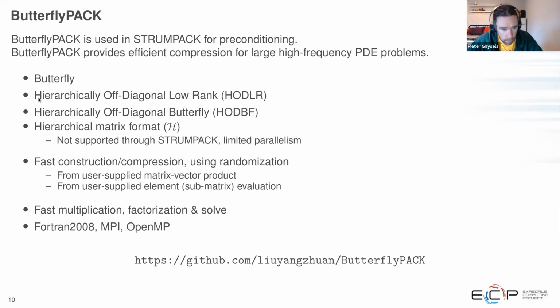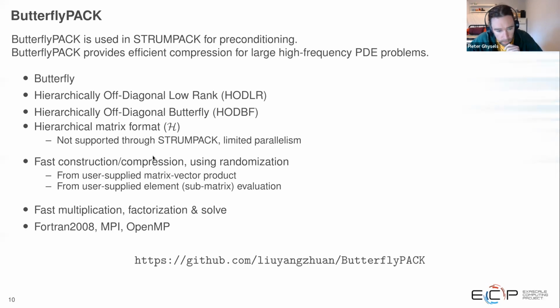It also has this hierarchically off-diagonal low rank structured format, and HODBF with butterfly instead of low rank. It also has some support for the more general hierarchical matrix format, but we haven't really explored the use of that inside the STRUMPACK sparse solver and preconditioner.